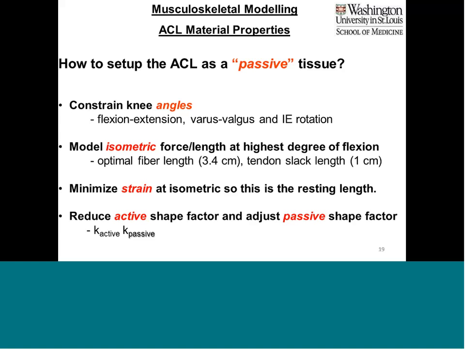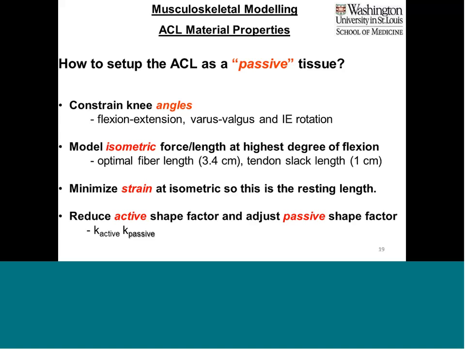Once again, I made sure that the ligament part does not pop out of the knee during simulation. One other thing that I did was to make the optimal fiber length the shortest at 120 degrees of flexion, by minimizing the strain at that isometric point, so it became the shortest and the resting length.